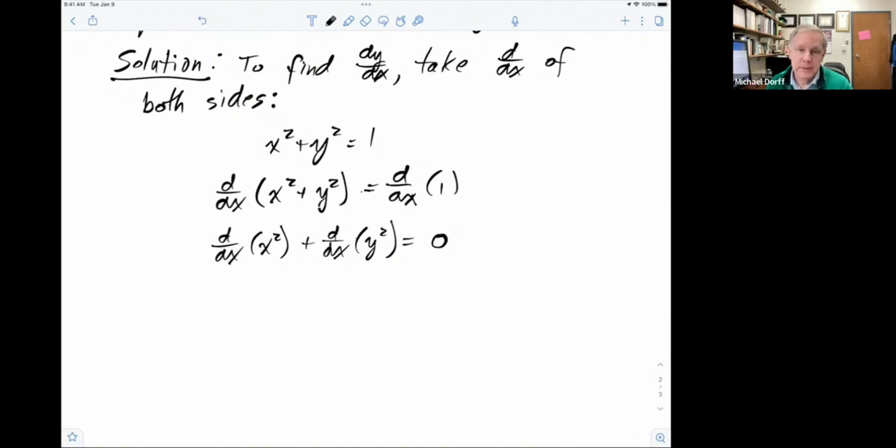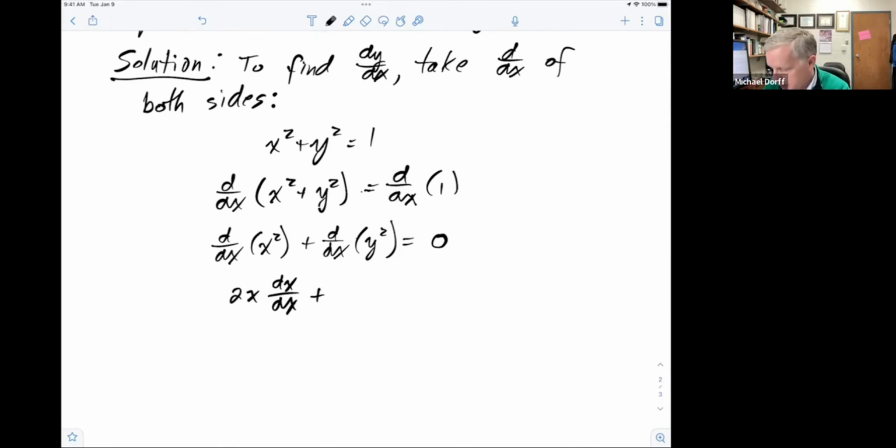Now when I take the d/dx of x squared, I think of that as just using the power rule. The derivative would be 2x, and I would have a dx/dx because x is my variable. So that's why it goes on top, and I'm taking the derivative with respect to that. Now, when I do d/dx of y squared, y is related to x, but I'll just do the power rule in terms of the variable y.